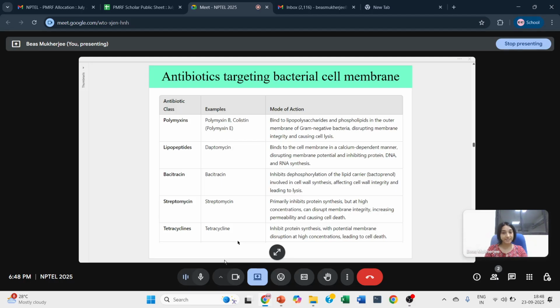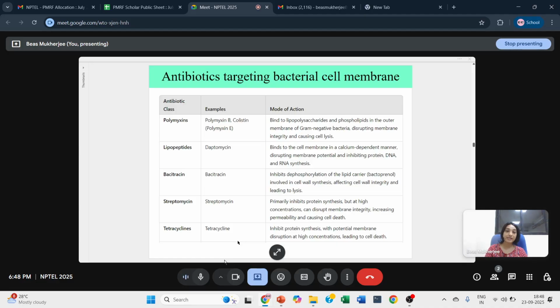Then there is bacitracin, which is a very commonly used antibiotic. You might have heard about this. Bacitracin inhibits dephosphorylation of the lipid carrier involved in cell wall synthesis, affecting cell wall integrity and leading to lysis. The next one is streptomycin.